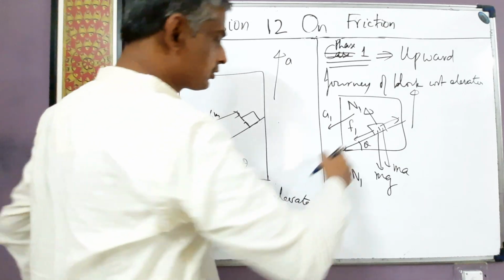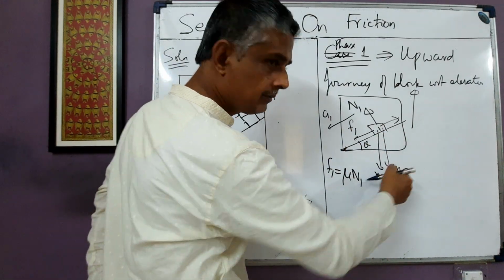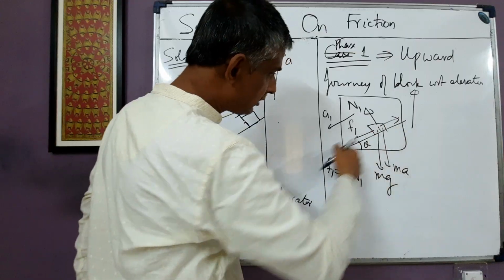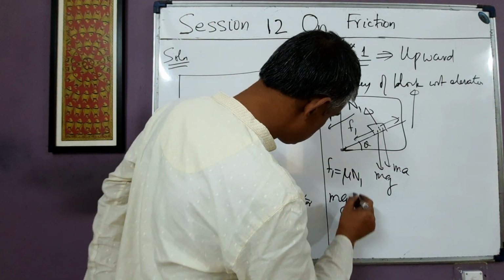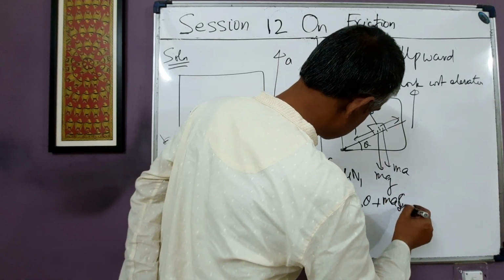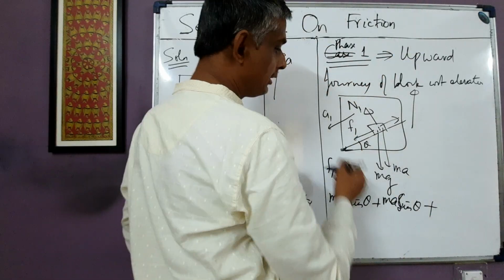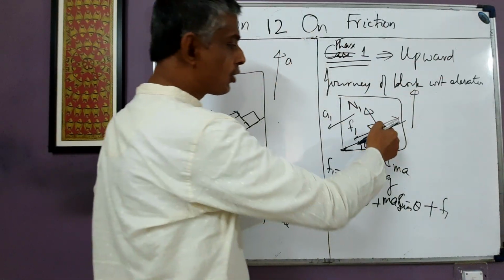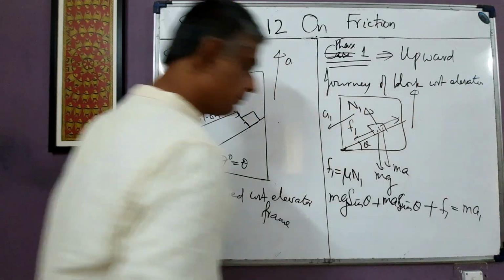The components of the two forces down the incline are mg sin theta plus ma sin theta. So mg sin theta plus ma sin theta plus F1, since N1 has no component down the incline, equals m times a1.